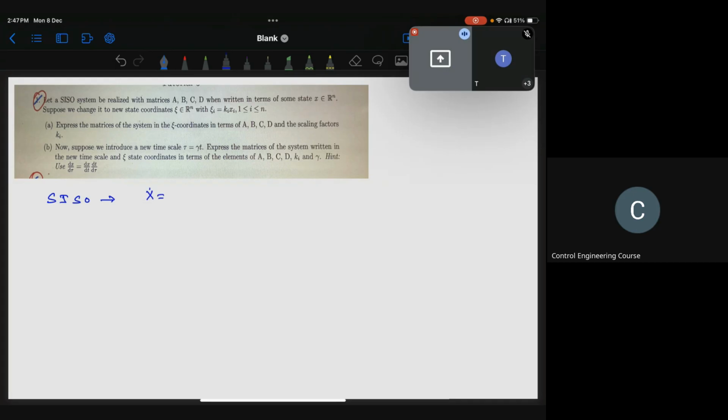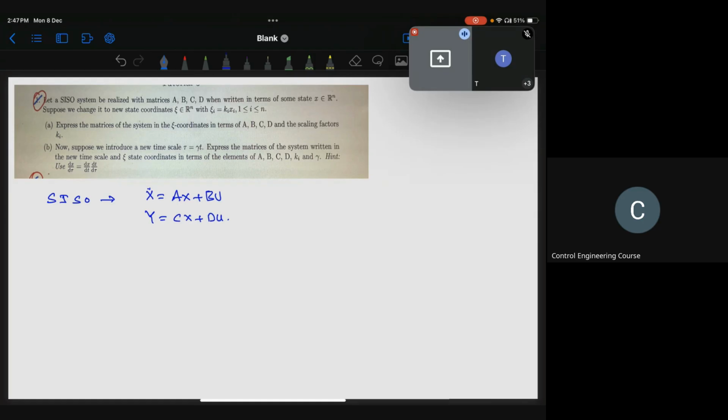We can represent the general state space system as x dot equals Ax plus Bu and y equals Cx plus Du, where A, B, C, D are the matrices. Here x is the state, u is the input.